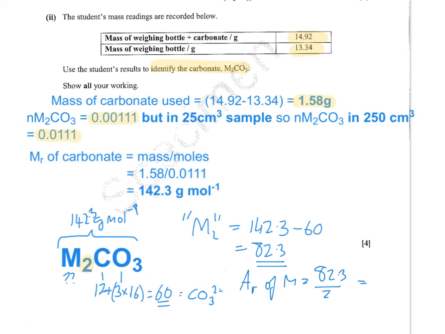That gives us 41.15. So that means the metal is potassium. So therefore our carbonate is potassium carbonate.